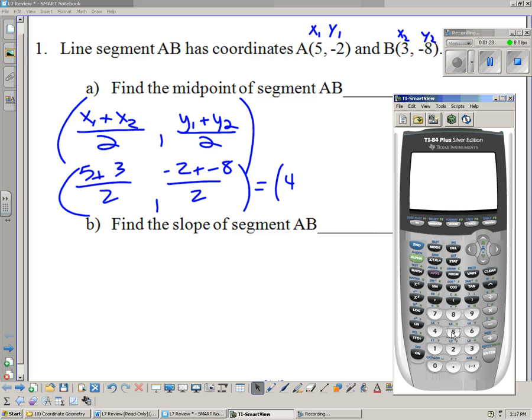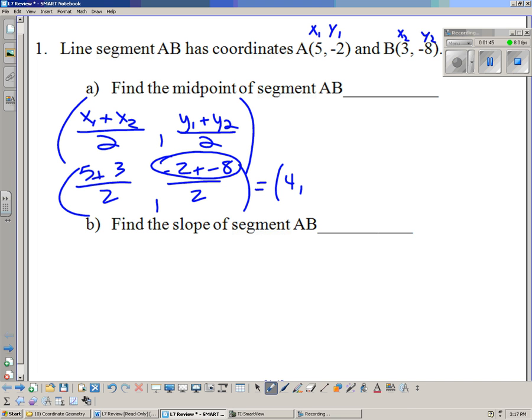What you need to do is 5 plus 3, figure out what that is, and then divide by 2. Or if you want to get fancy, you can press alpha, y equals, enter if you have the new operating system, and do 5 plus 3 over 2. I think this is a little overkill. What you can't do is the first thing that I showed you. So don't do that. 4 is the right answer, and then negative 2 plus negative 8 is negative 10, divided by 2 is negative 5.